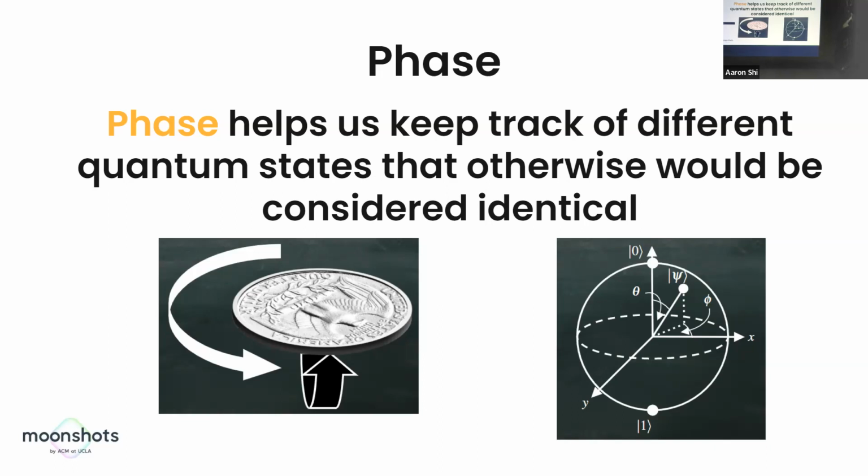So this is called a global phase. Relative phase would be two different quantum states with different relative phases, and that would be different.